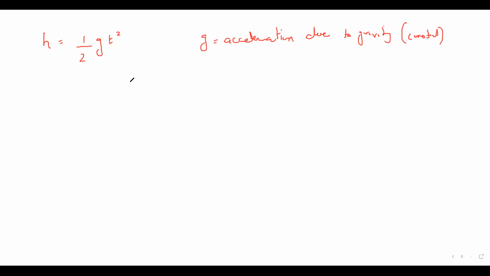The question is, show or predict the shape of the graph between h and t square, where h is on the y-axis and t square is on the x-axis.